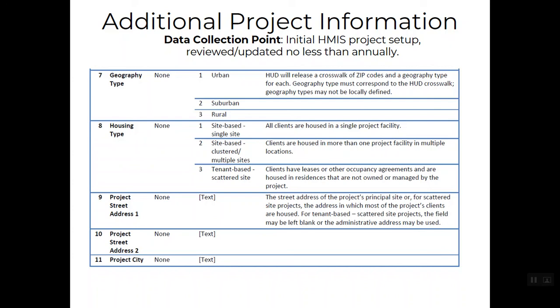You've got a main office and there are 3 or 4 buildings maybe scattered around an open park. And then tenant-based scattered site is a program with a mobile voucher, where clients go out and find their own unit out in the general population. And then your plain address: the project street address should be the main office of where this project is located.